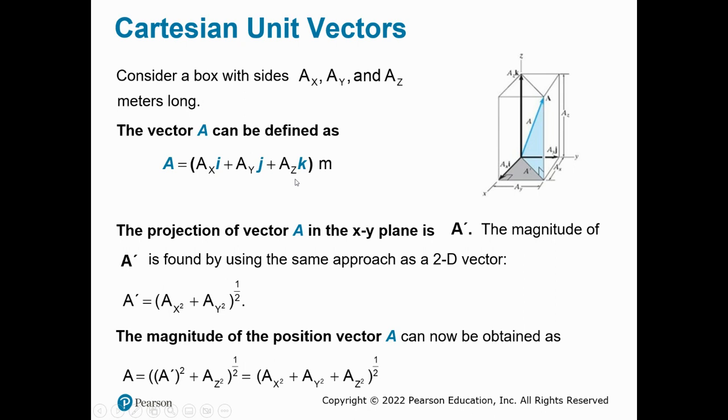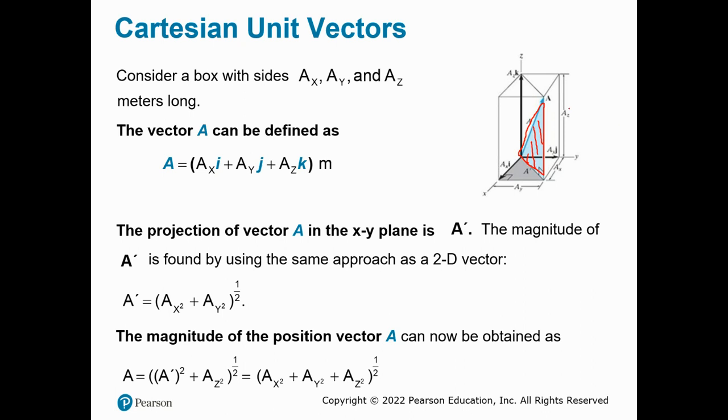A lot of times we're going to need to project this vector twice. In the example on the screen, we first project our vector A onto the xy plane, flat onto the bottom x and y plane. You get A prime. In this blue triangle, which I'm highlighting in red, we're projecting onto the xy plane, and the part that's projected onto the xy plane is A prime.